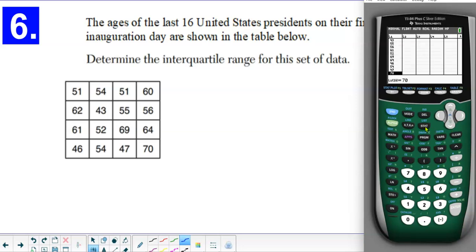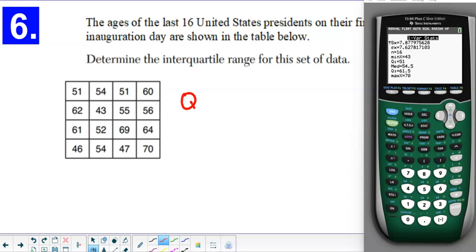Excellent. They are correct. Now I press the Stat button again, but this time I arrow once to the right, and I choose number 1, var stats. Once I'm there, I can grab the numbers that I need, which are the Q1 and the Q3.